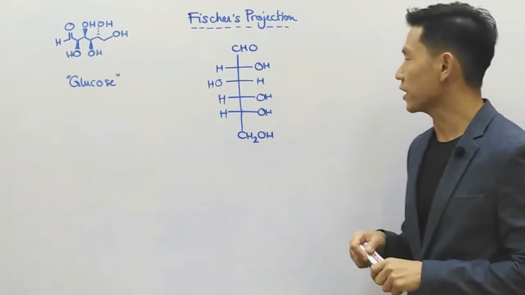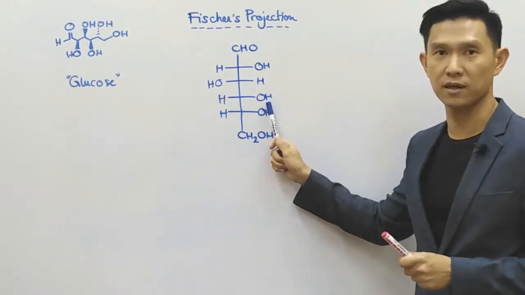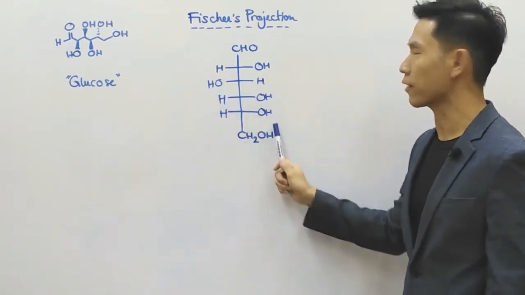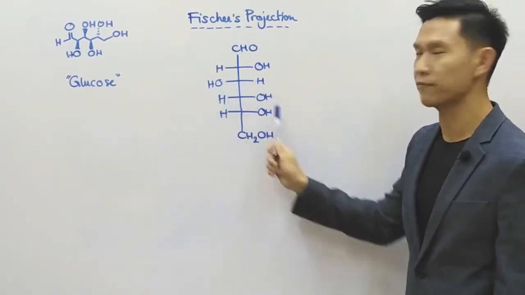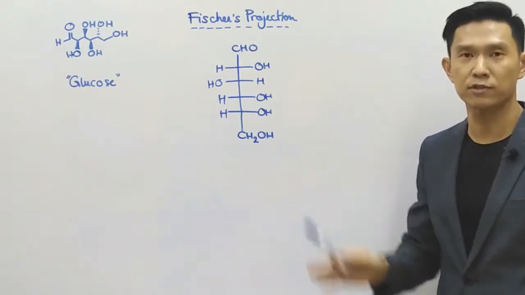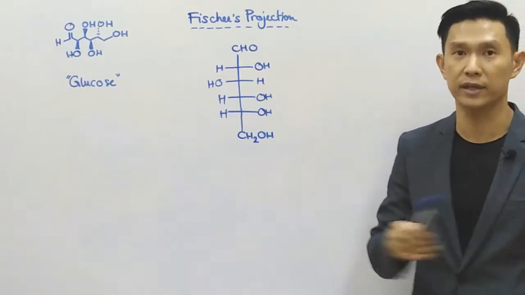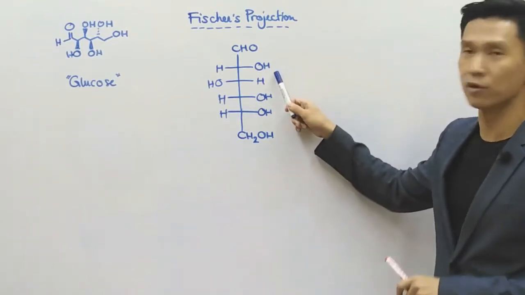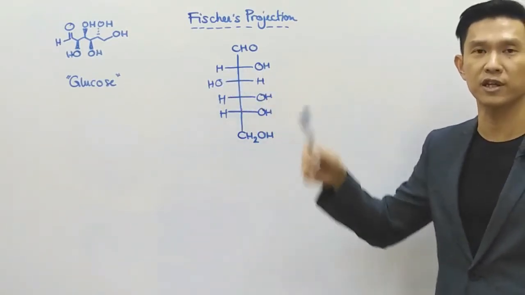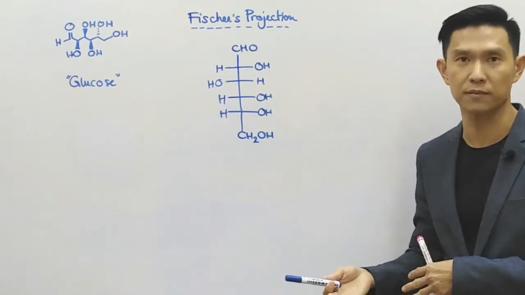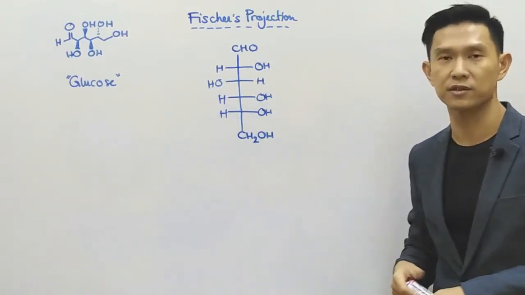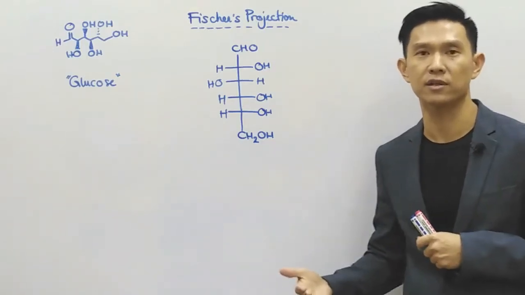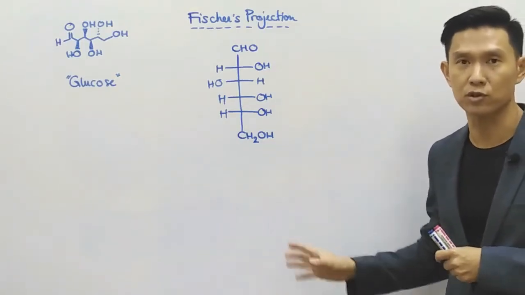Let's say we swap the OH here from right to left. So instead of right, left, right, right, it will be right, left, left, and right. So the name changes to galactose, as I already talked about before. Or if I change the first OH to the left, the name changes to mannose sugar. So there are several possibilities, exactly 16 possibilities. So we have 16 different stereoisomers of glucose.